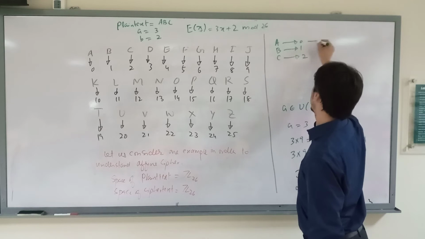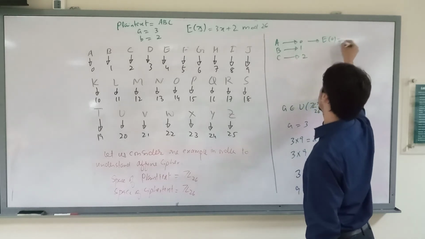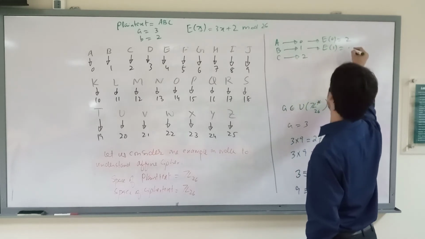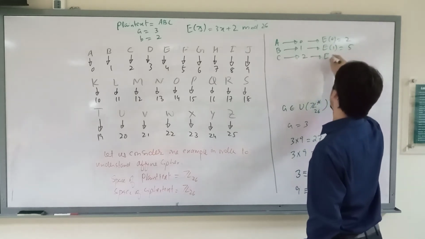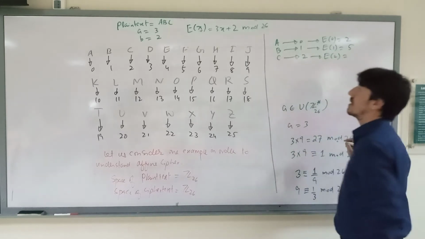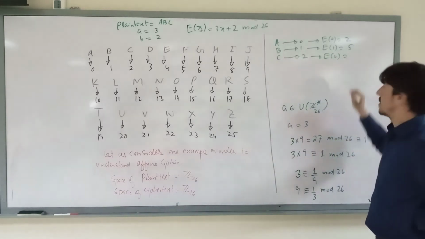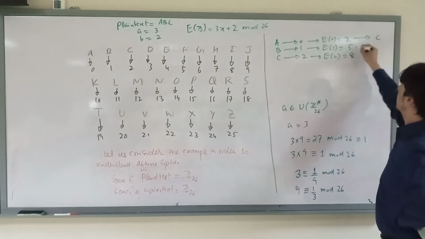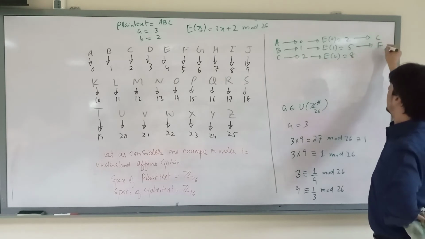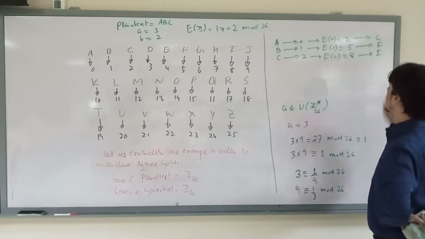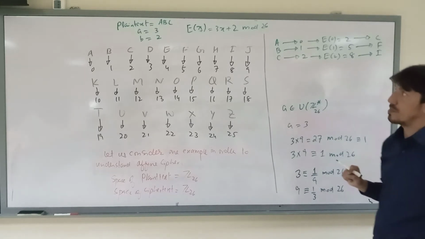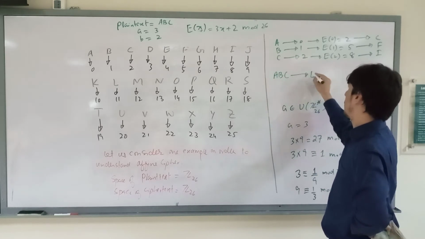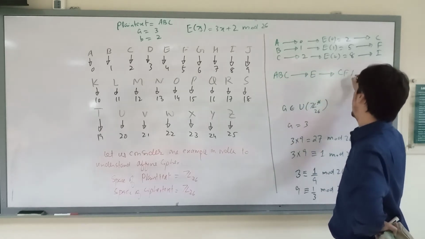So I pass 0 first and I get 2. Then I pass 1 to my encryption function and get 5. Then I pass 2 and get 6 plus 2, 8. Then these map to C, F, and I. So ABC under the encryption function E gives C, F, I.